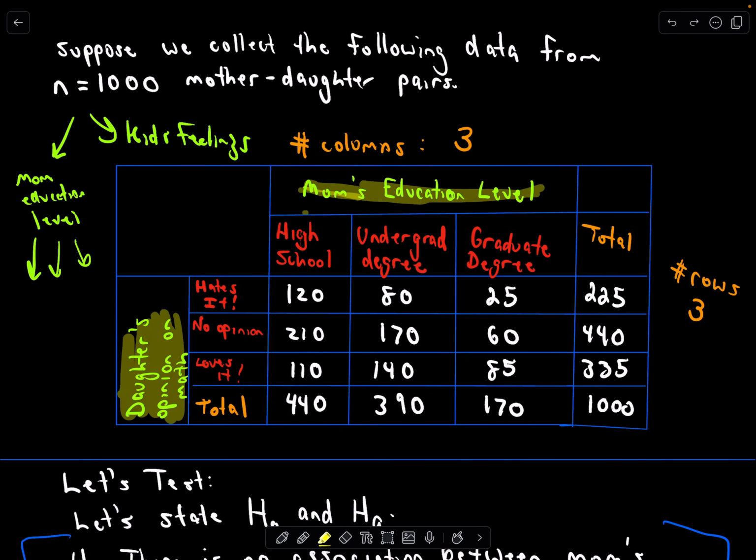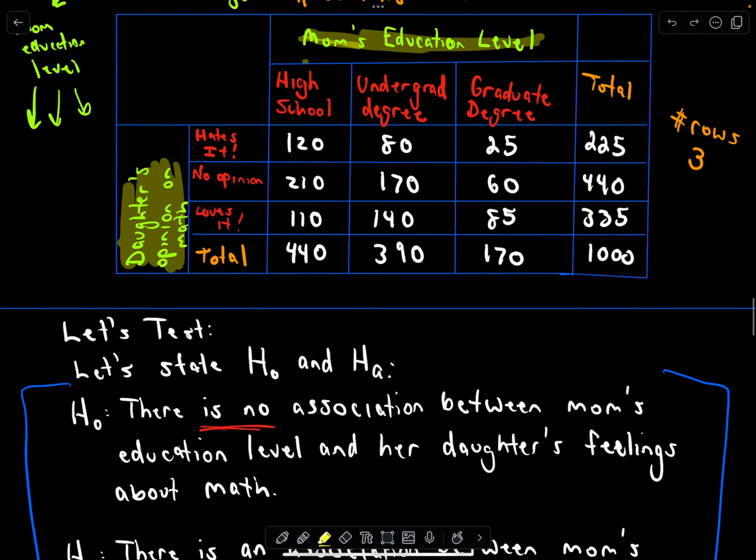And if I look at this row total, 335, if I follow it over, it says out of those 1,000 mom-daughter pairs, 335 of those corresponded to where the daughter said she really loves math. So that's all those totals are in this case. And again, I've emphasized I've got the number of columns and the number of rows. Okay, so notice we haven't done much yet other than just interpret our contingency table.